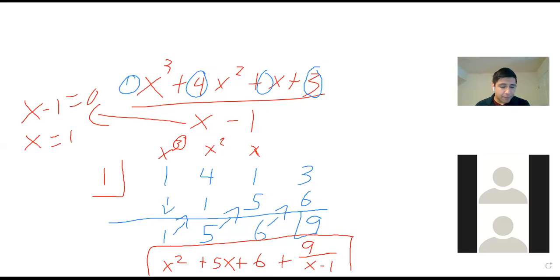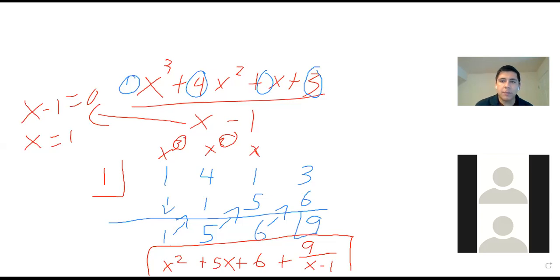Wait, sir, did you forget the x by the 6? Or does it just cancel out? Yeah, the x just kind of goes away, right? And it happens with all the exponents, right? Since we're subtracting 1 from each exponent, x cubed becomes x squared becomes x, and then x goes away because it becomes like x to the power of 0, which is just 1, right?